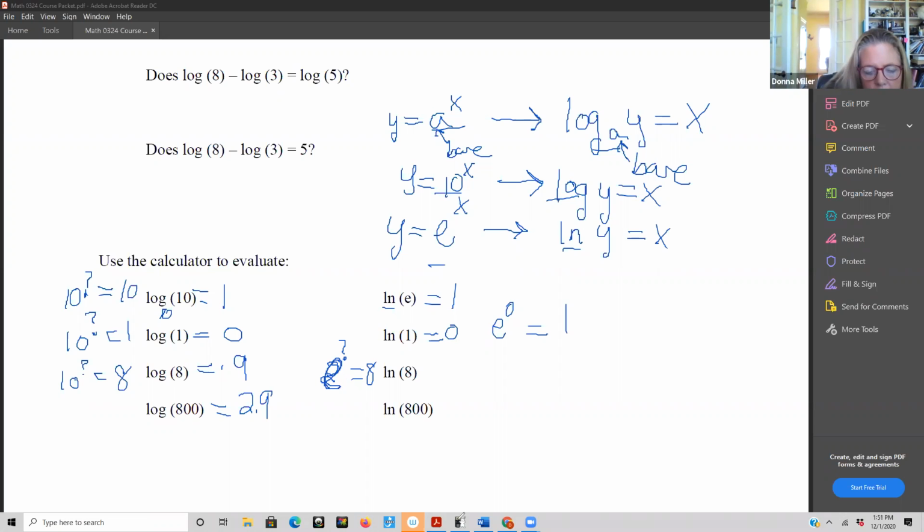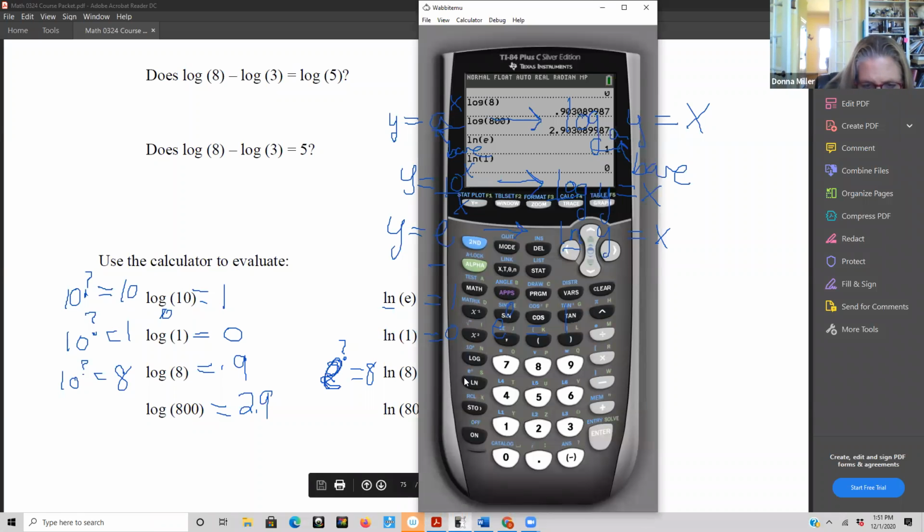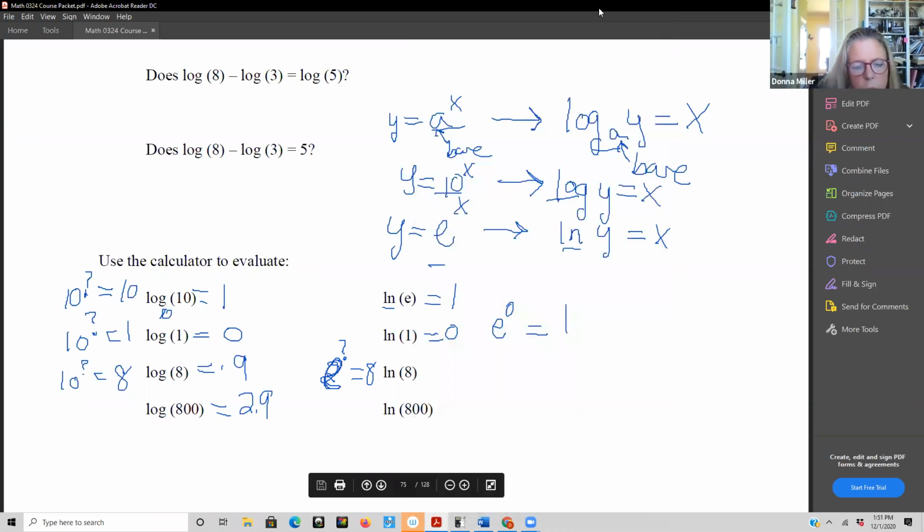So I'm just going to plug in ln of 8 and ln of 800 in the calculator. ln of 8 is 2.079, and ln of 800 is 6.68. So 2.08 and 6.68.